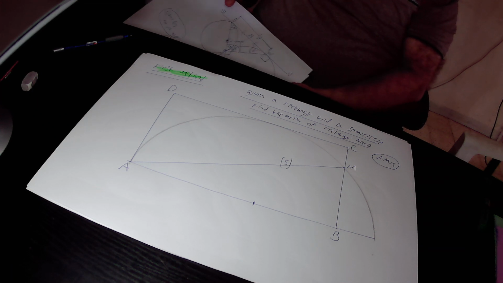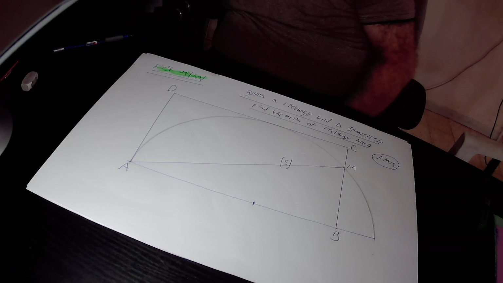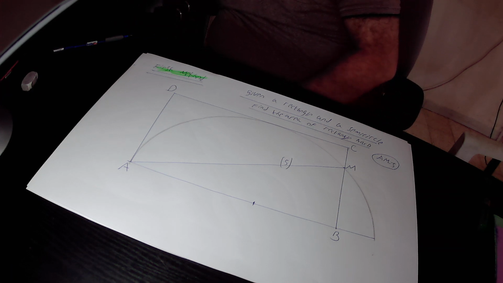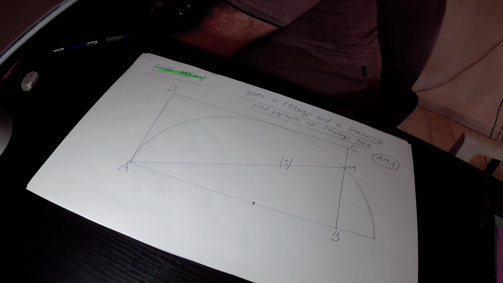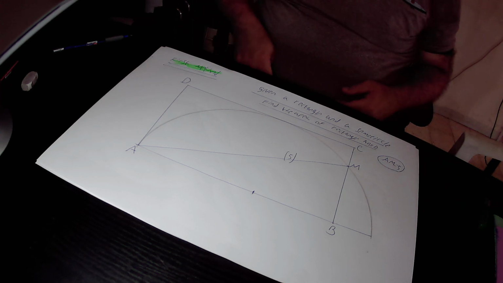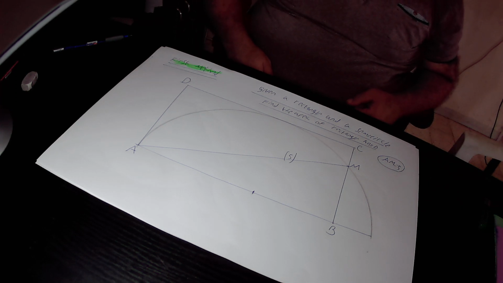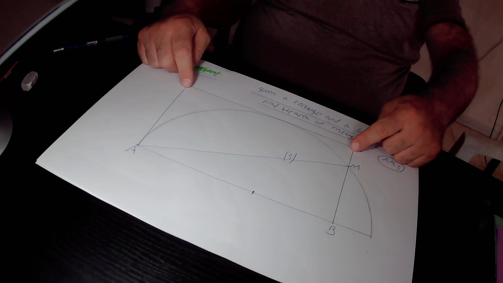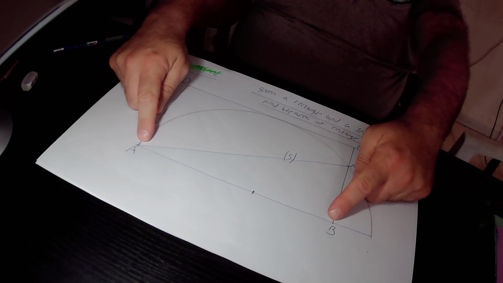So we'll start with the first method. First of all, we know that all those four angles inside rectangle ABCD are right angles.